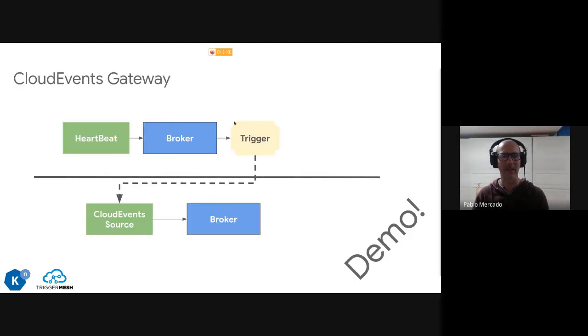Let's try to build a cloud events gateway. In this case, that could be something that is aware of its task. That's something we created some time ago at TriggerMesh. We created a component called webhook source, which is a source that is listening to HTTP requests and converting them to cloud events.